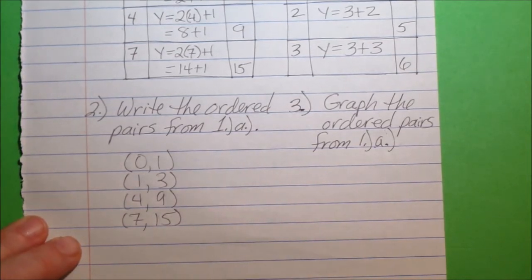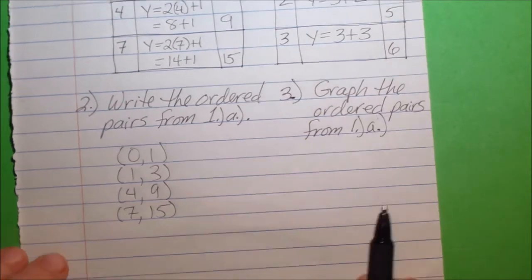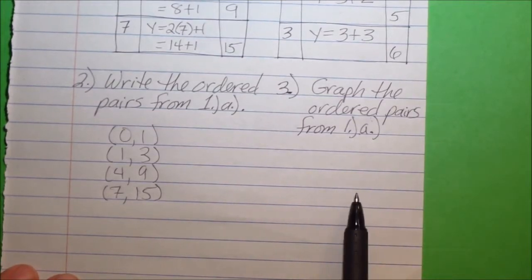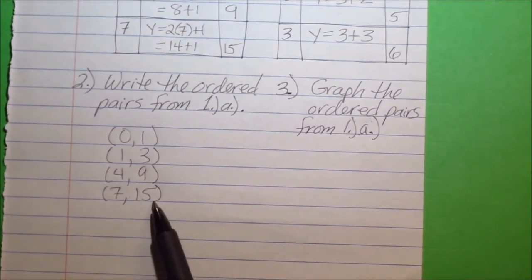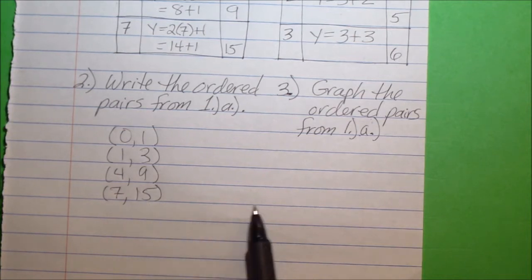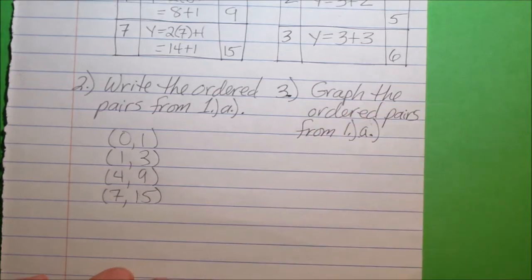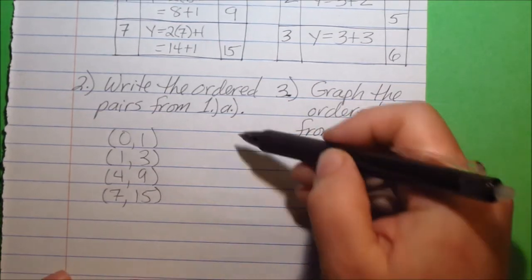Right? All my x's and y's are positive numbers, so all I need is quadrant 1 to graph these ordered pairs over here. Now I notice my largest number here is 15 on y, so I'm going to have a pretty big one. So let's see, half of 15 is 7. I'm going to go 8 lines.